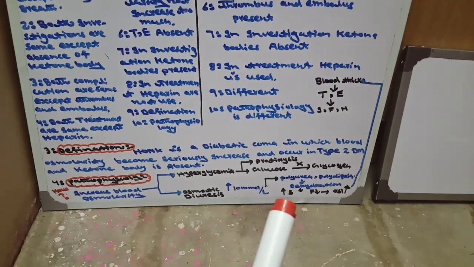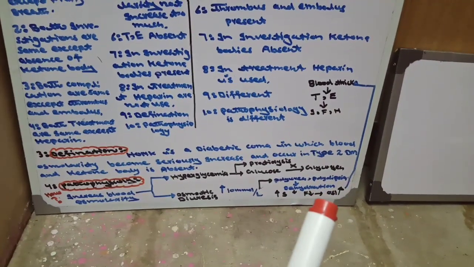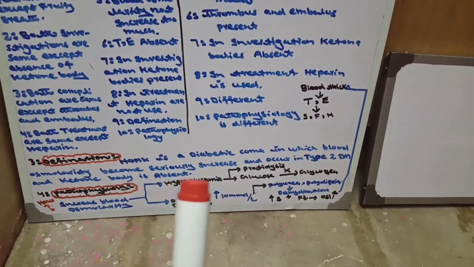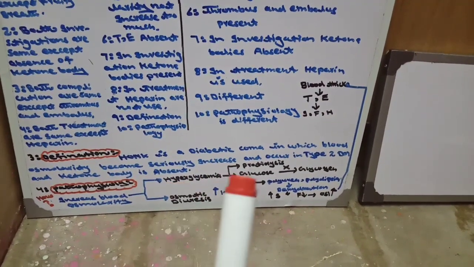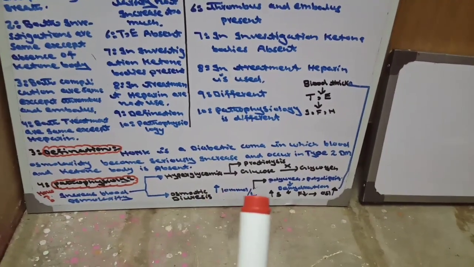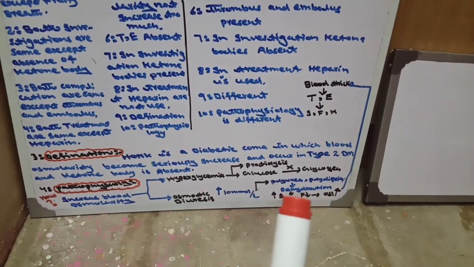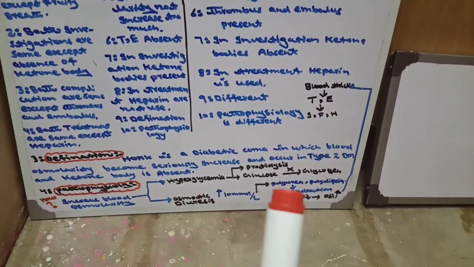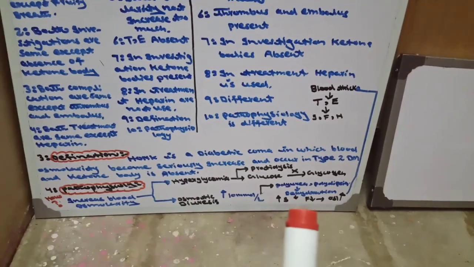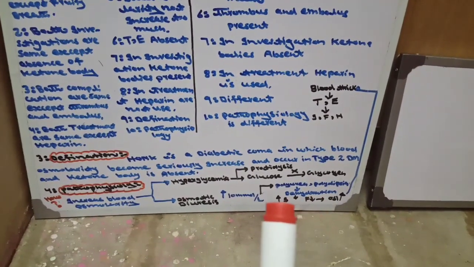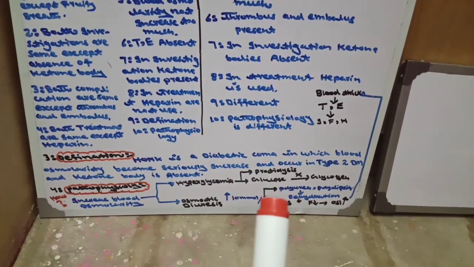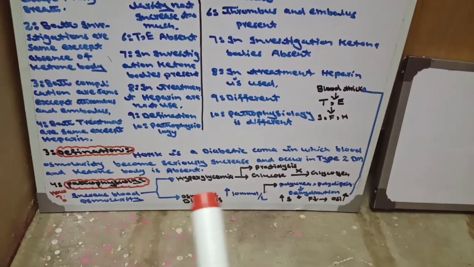Blood osmolarity increases seriously due to, one, hyperglycemia, and number two, osmotic diuresis, because in osmotic diuresis the fluid concentration becomes low due to dehydration, and solute concentration will be high and osmolarity will rise.